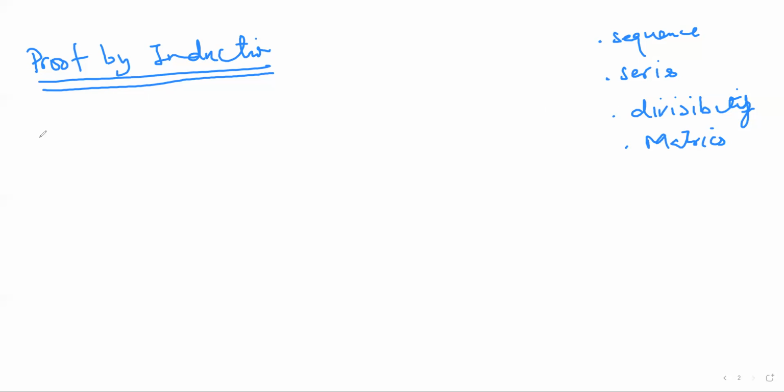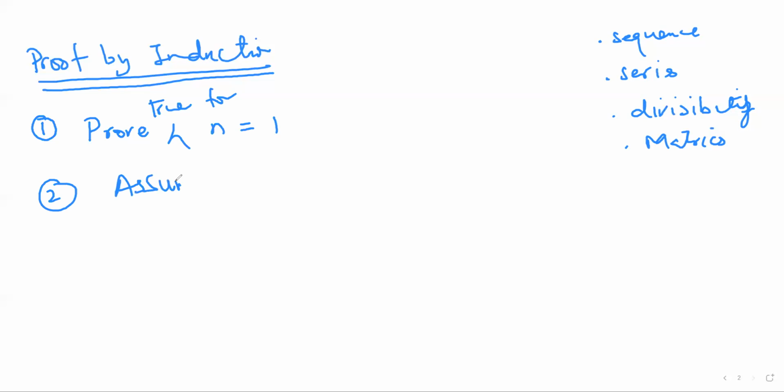Now, what happens is, guys, as I was telling you, there are 3 steps. First of all, you will prove that your given statement is true for n equal to 1. And then you will assume that the given statement is true for n equal to k.